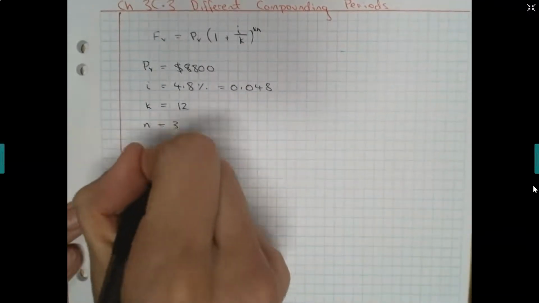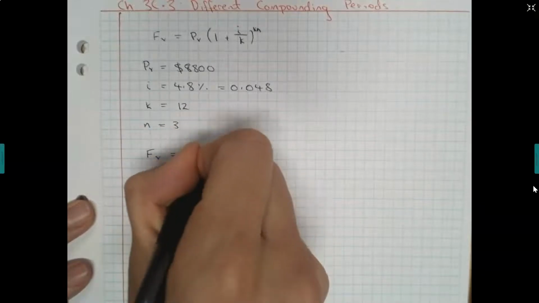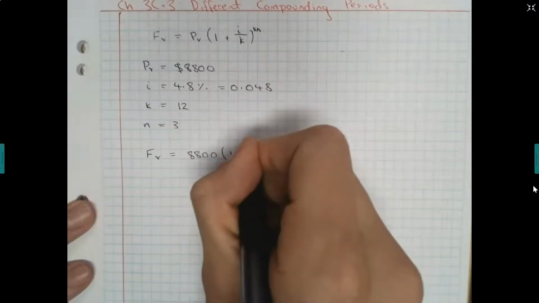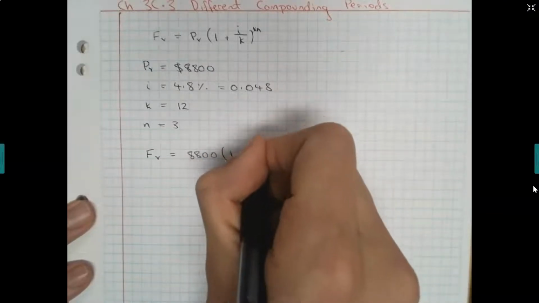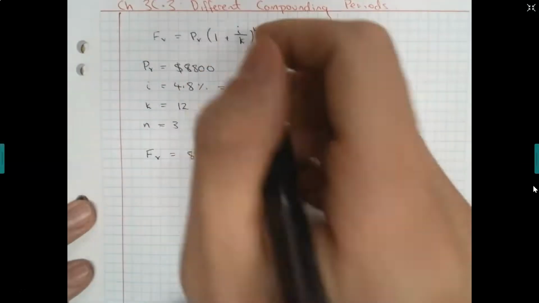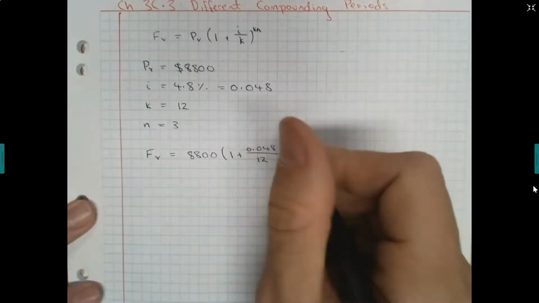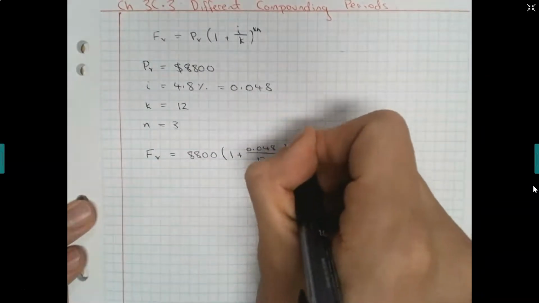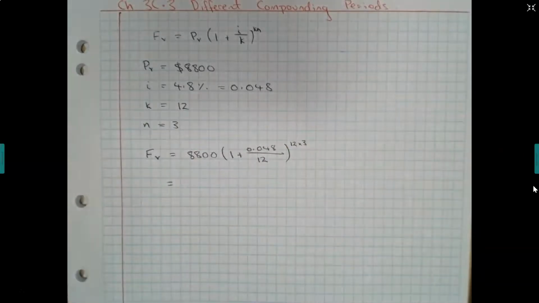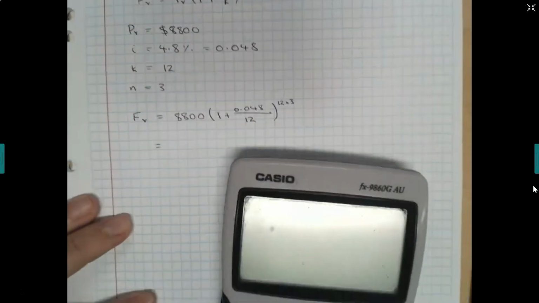So FV is equal to our present value, or our principal, 8,800 times 1 plus, now our interest rate is 0.048 divided by our number of compounding periods, which is 12, to the power of k times n, 12 times 3, and now we just have to put this into our calculator.